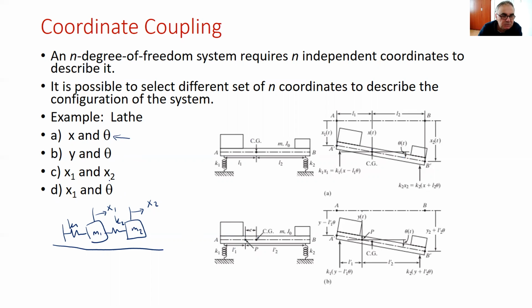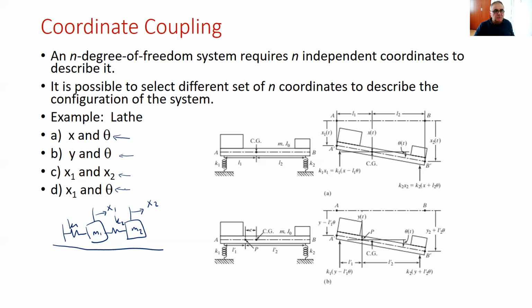Or you might choose x1 and x2, which are the displacements of the springs. Or you might choose x1 plus the rotation theta. They all are still valid coordinates.